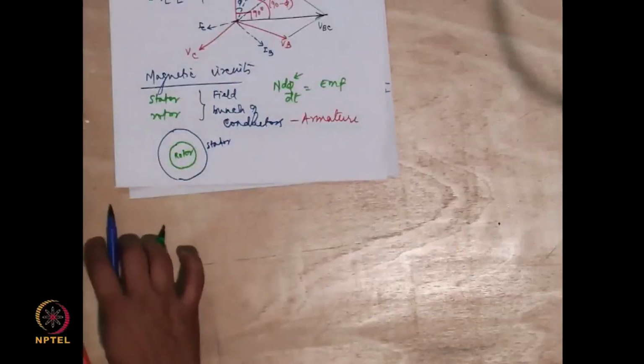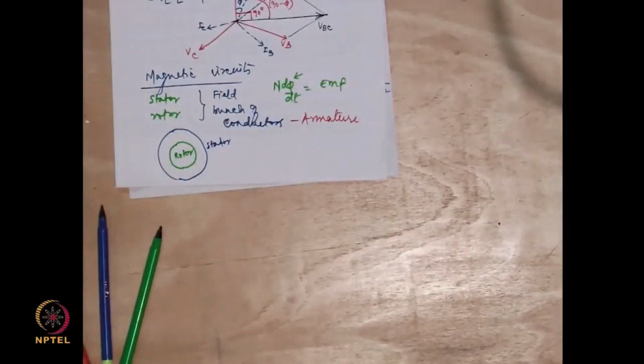Please note that the rotor gets its name because it is going to rotate. And it cannot rotate unless there is an air gap between the stator and rotor. So whether I like it or not, in any rotating machine, I have to have an air gap between stator and rotor.